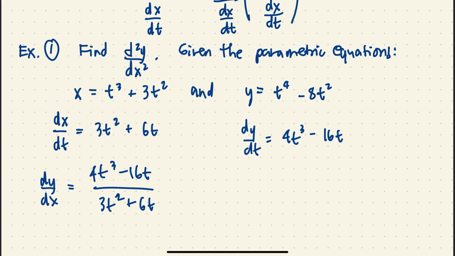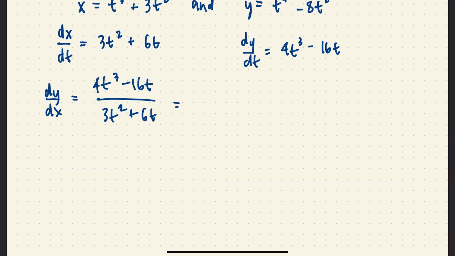Then we will get the derivative, but let's simplify first. Let's redo the simplification. We'll get 4t times t squared minus 4 all over 3t times t plus 2.